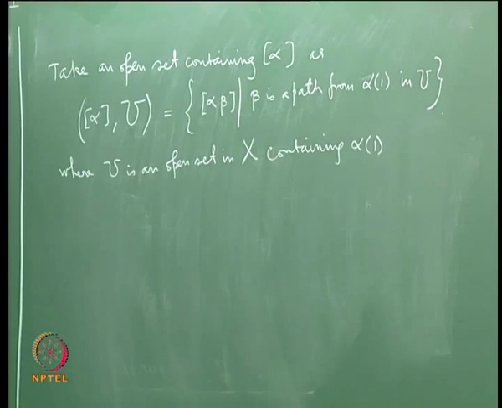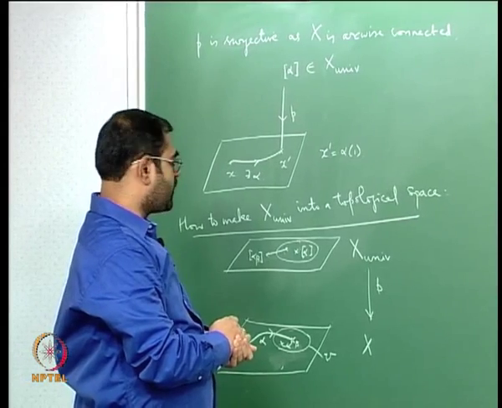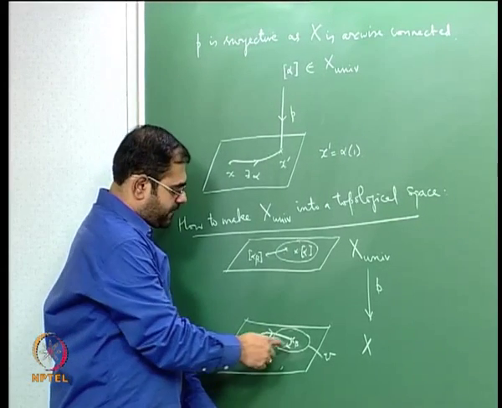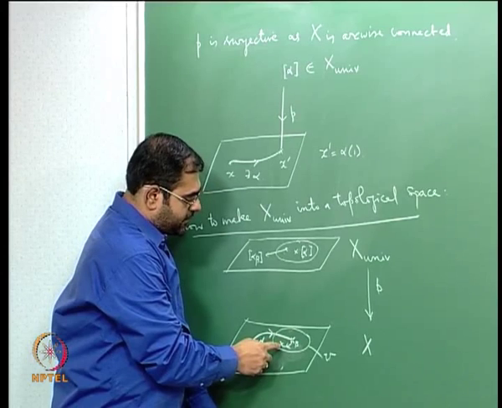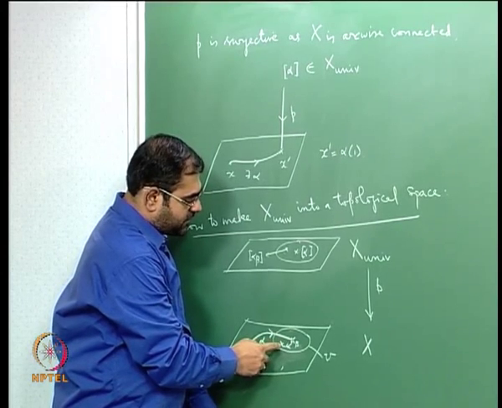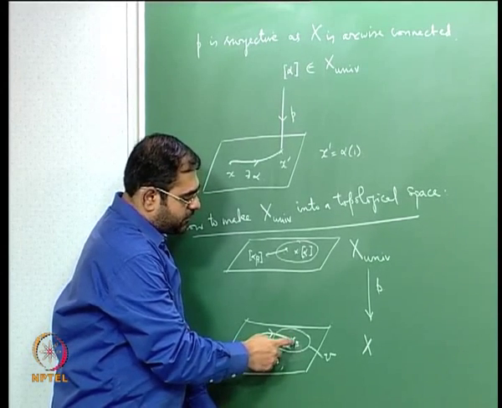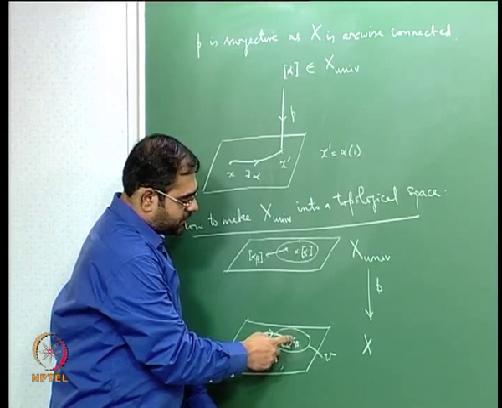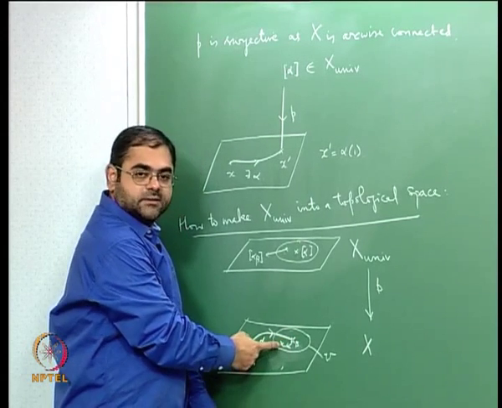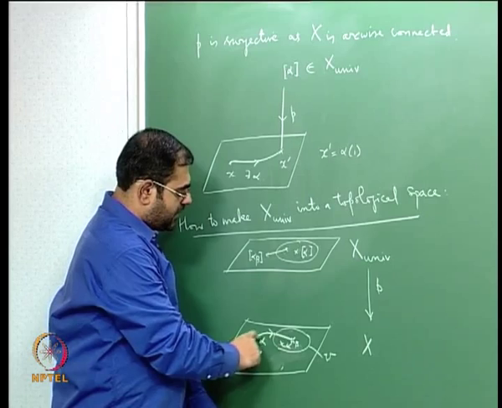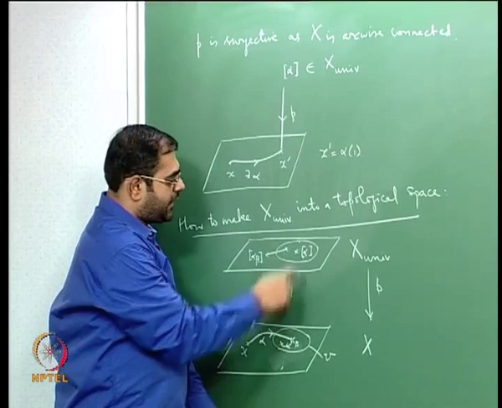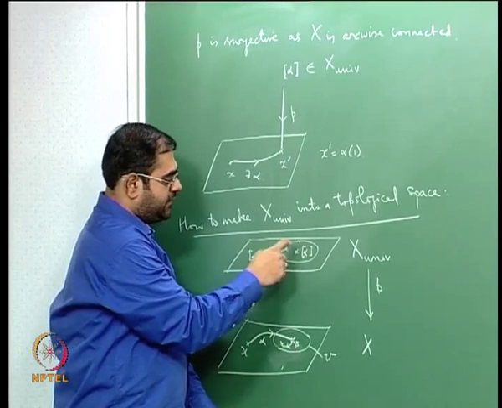So what is happening is that so long as I can connect a point in U by a path from alpha of 1 to that point, I take alpha followed by that path and put it in this set above.